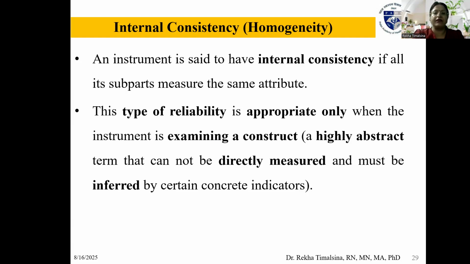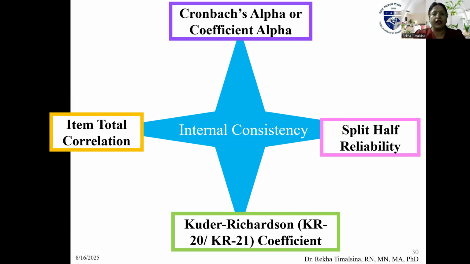This type of reliability is appropriate only when the instrument is examining a construct, a highly abstract term that cannot be directly measured and must be inferred by certain concrete indicators. The commonly used methods to assess internal consistency reliability include Cronbach alpha or coefficient alpha, the Kuder-Richardson or KR coefficient, item total correlation, and split half reliability.